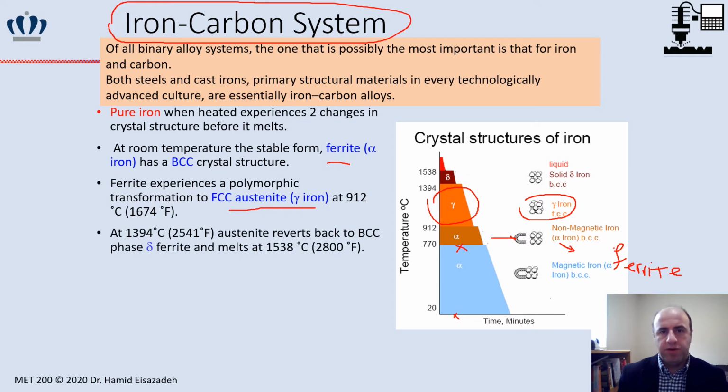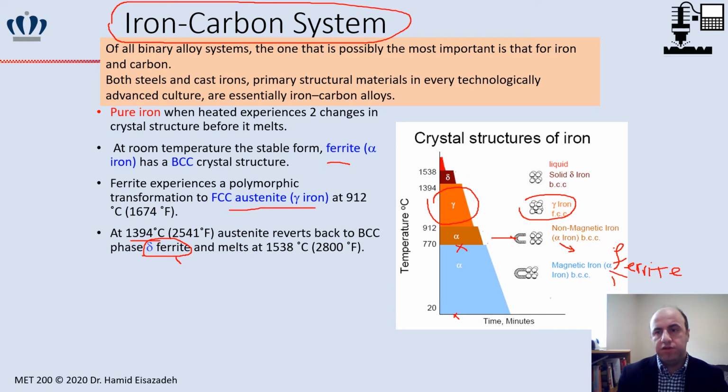Above this point, it reverts back to BCC, but that type of iron is not called alpha ferrite. It's called delta ferrite. Delta ferrite is different from alpha ferrite, and this is not very important. The most important are the FCC, I mean the gamma iron, and alpha iron, alpha ferrite.